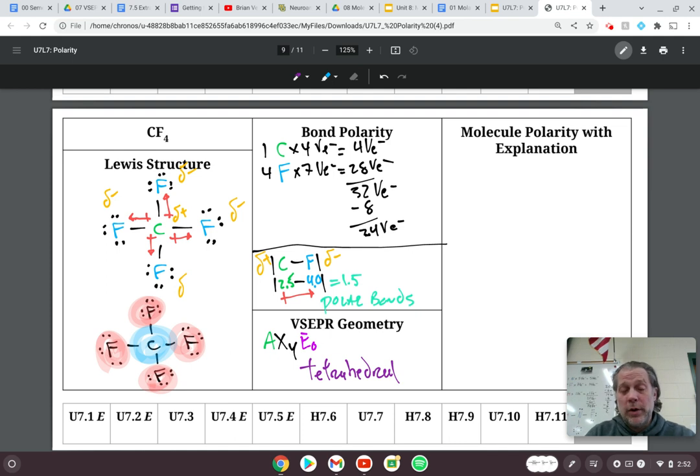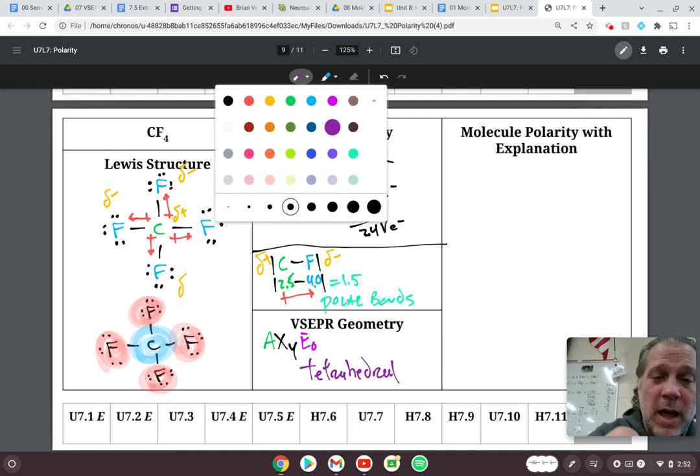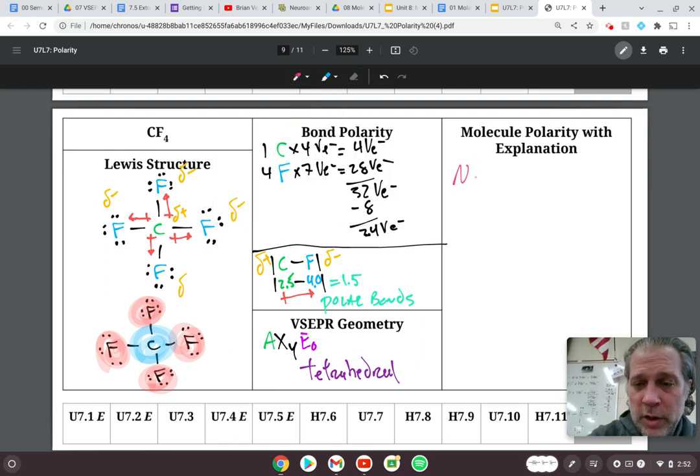Now, whether or not this molecule is polar or nonpolar, there are polar bonds, but this molecule is going to be nonpolar. Note that the electrons are being pulled in towards the fluorines in equal and opposite directions. So the fluorines going to the left and to the right, the electrons are being pulled away from each other with equal and opposite force. And the fluorines going up and down are being pulled away from each other with equal and opposite force. So that makes this molecule totally nonpolar.